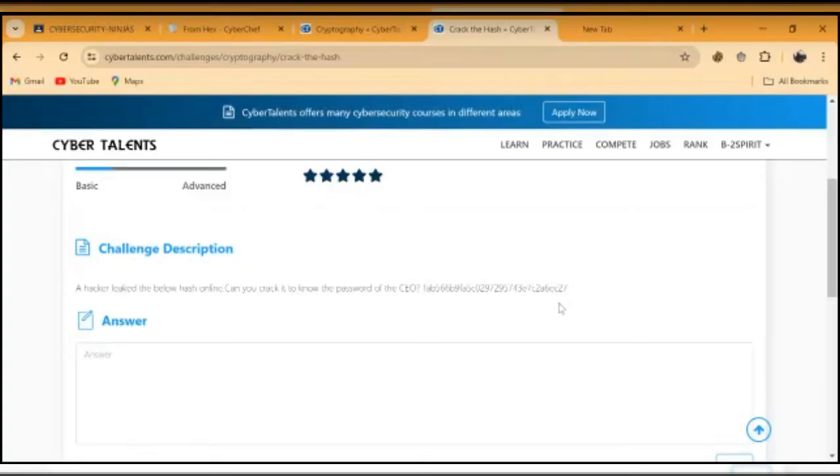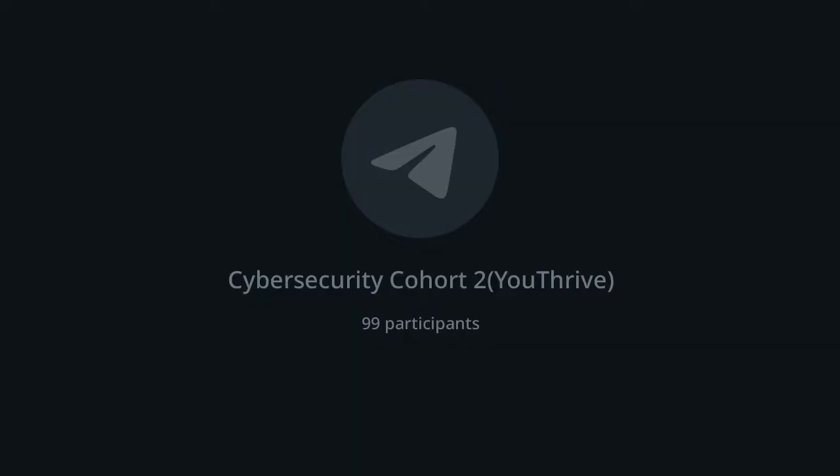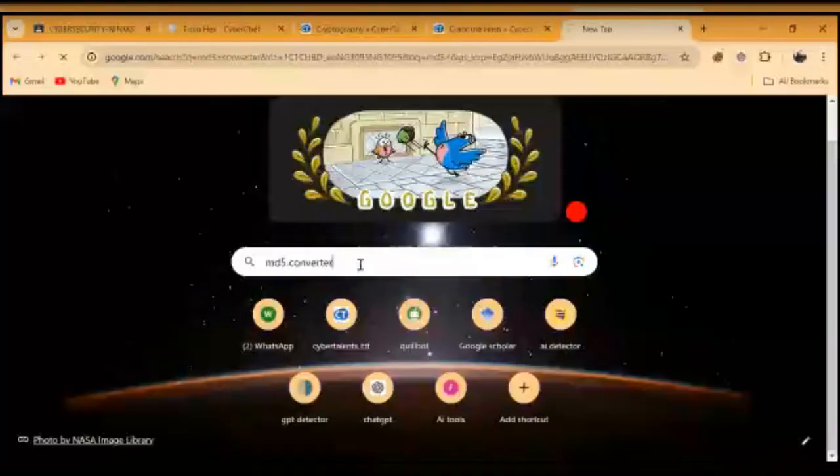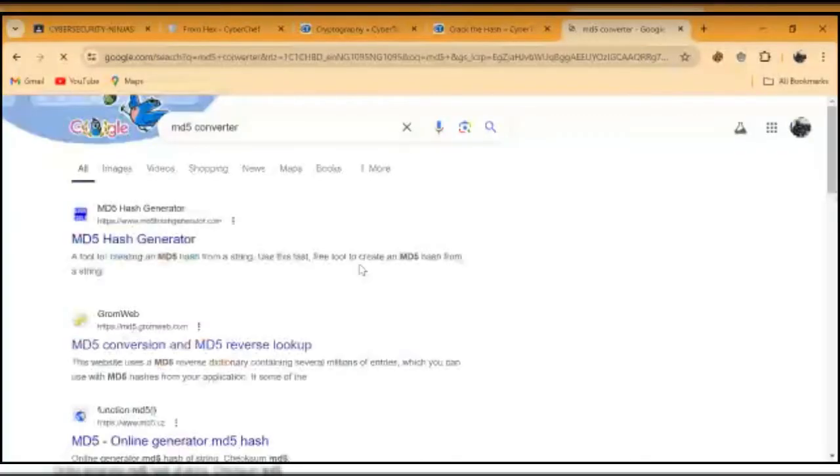Now, what kind of hash has 32 characters? Actually, we are going to look for an MD5 converter.